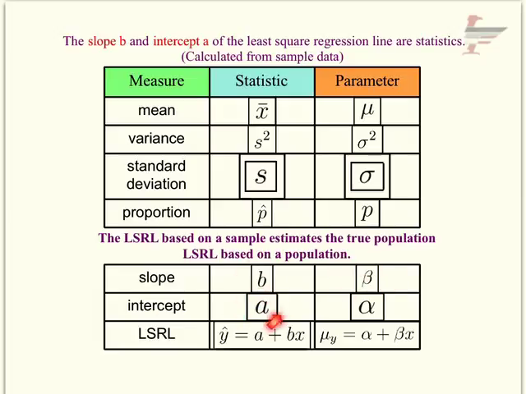The y-intercept estimate that we've always used is a, so the parameter notation is alpha. So when you have your prediction equation, y hat equals a plus bx, for your parameter, it would be mu sub y equals alpha plus beta x. So that's pretty easy to remember because they're alphas and betas instead of a's and b's, so that's kind of nice.